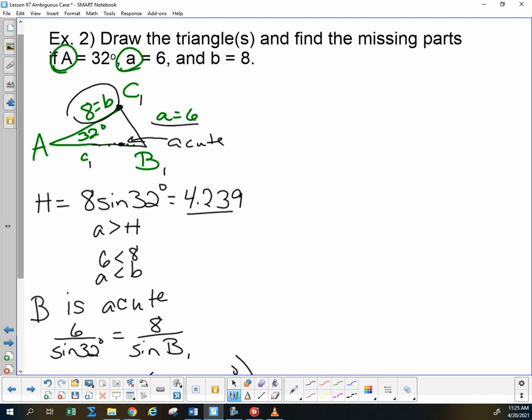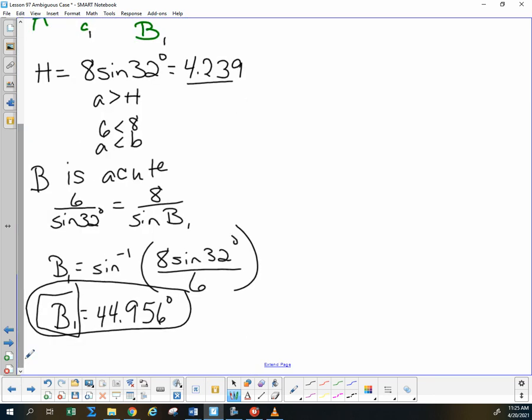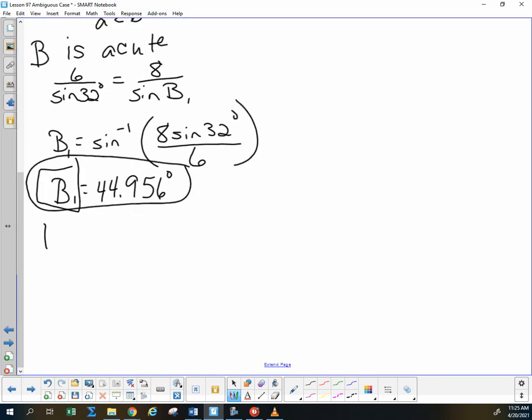Triangle sum. So, what you are going to enter on your calculators, now that you've stored that B1, you're going to enter 180 minus the 32 and minus that B that you stored. And who's gotten that already for us?